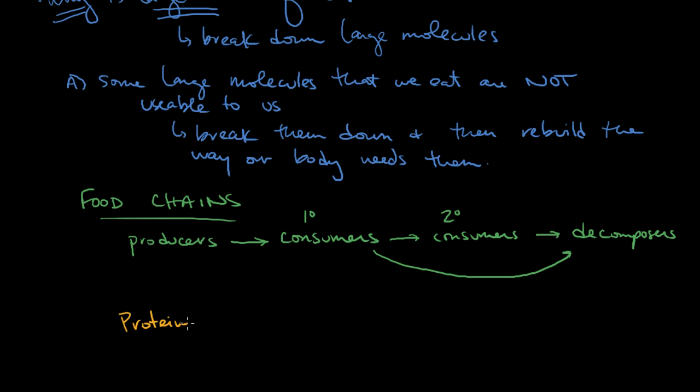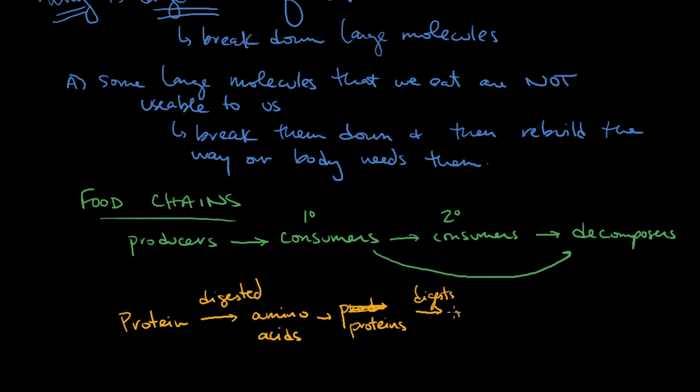When the primary consumer eats those proteins, they get digested down into amino acids, and within that primary consumer, the amino acids get put back together by ribosomes in the way that the organism needs to make proteins. Then when the secondary consumer eats those proteins, it digests them back to amino acids and builds those amino acids up into proteins.